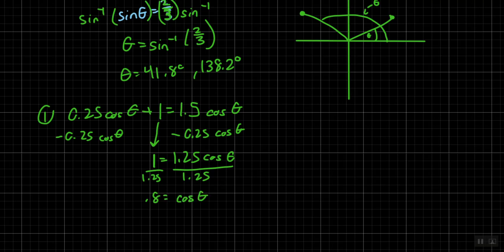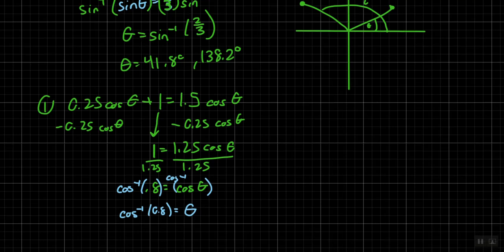Now what do I do? Take the inverse cosine of 0.8 equals theta.